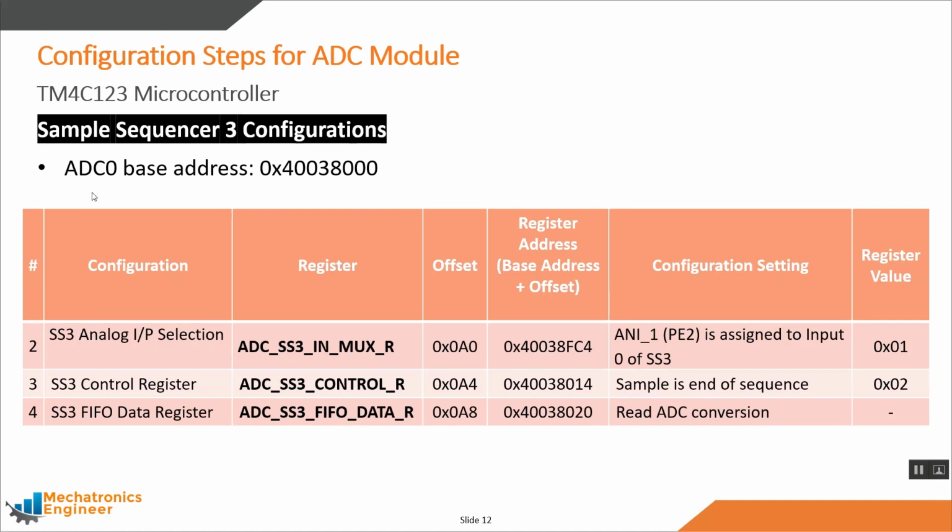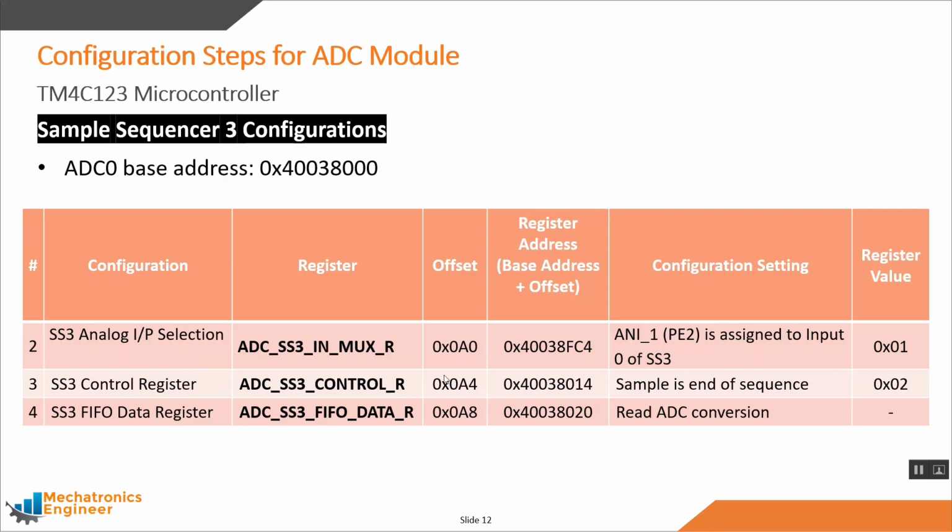Since we are using ADC module 0, whose base address is written over here, the second step of the sample sequencer is to select the analog input channel. Since we are using analog input channel 1, which is multiplexed on port E pin 2, we need to write hex 01 to the sample sequencer 3 analog input selection register.